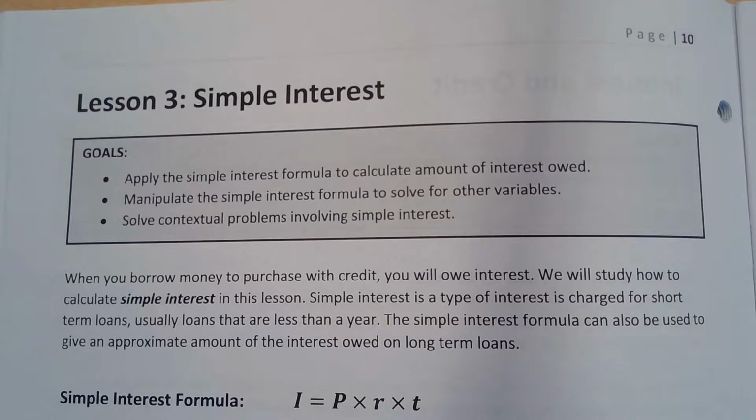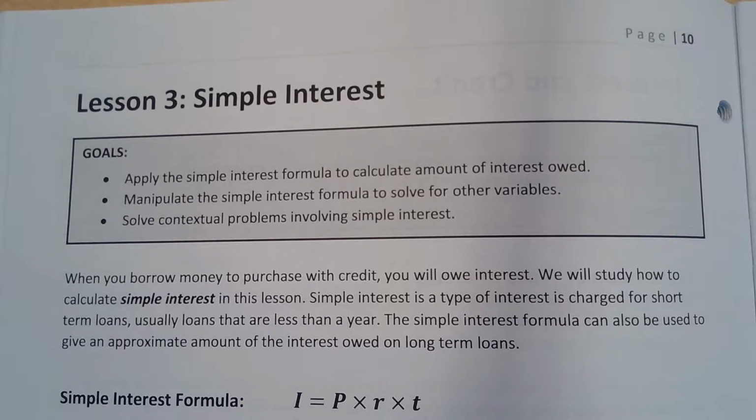Simple interest is a type of interest that is charged for short-term loans. A credit card is like a simple interest calculation because we're supposed to pay it back in less than a month. Actually, to be specific, it's a 20 day grace period.